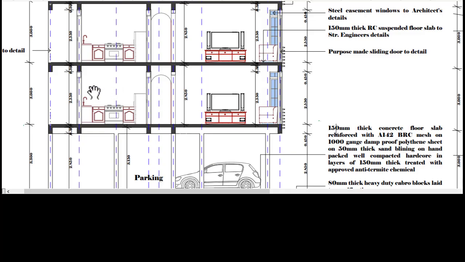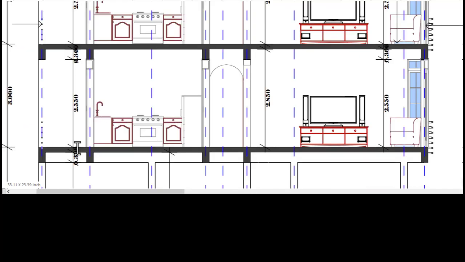When talking about the height, you consider it from the finished floor level, okay, all the way to below the beam on that particular section. So this one gives us a height of 2.55. Okay, this is where it starts, and it goes all the way up to this point.